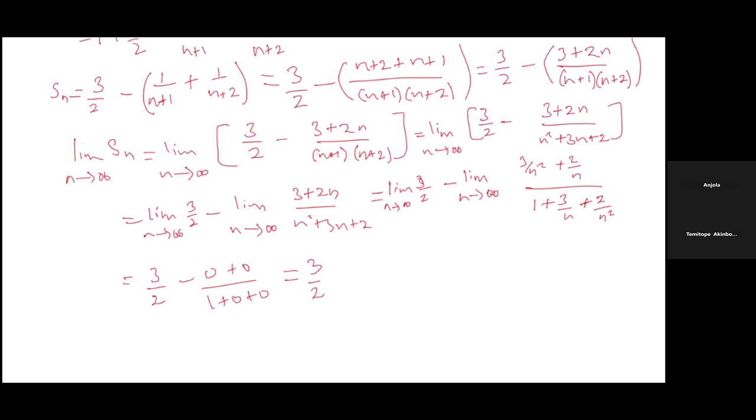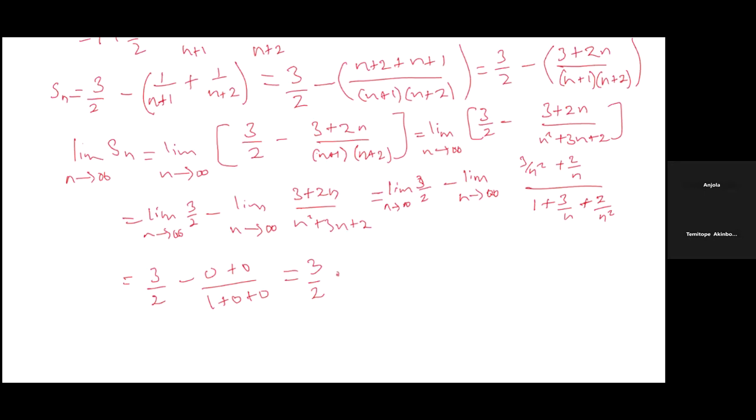Since the limit of the partial sum is finite, we conclude that the series is convergent. And it converges to what? 3 over 2.